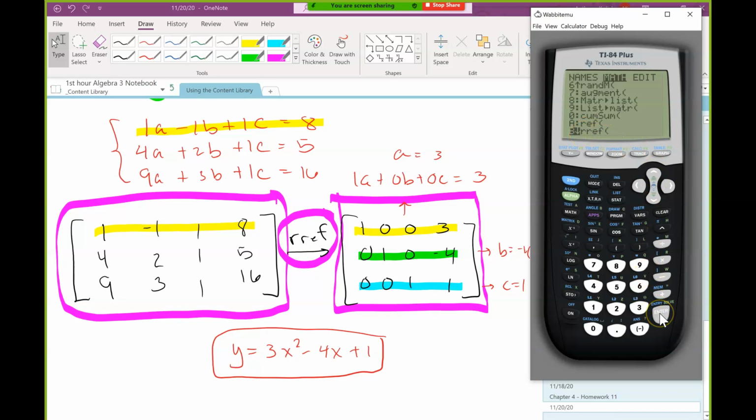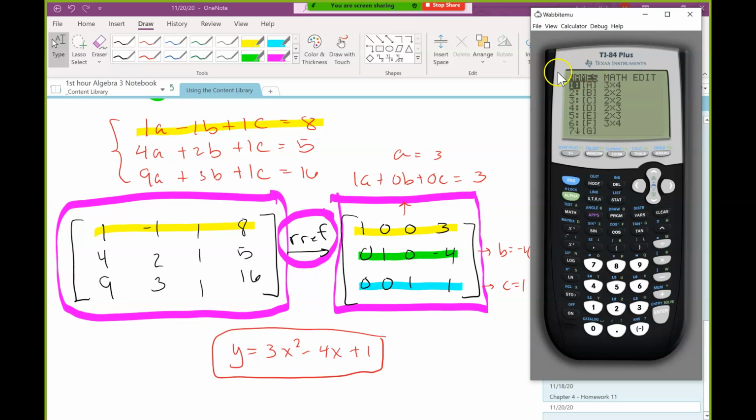So once you've located that command in your matrix menu, go ahead and press enter and it'll paste that onto the main screen of your calculator. And now I'm going to go back to my matrix menu and retrieve that matrix A that we just wrote, because that's what I want to do the rref on. So I'm going to press second and then the -1 button.